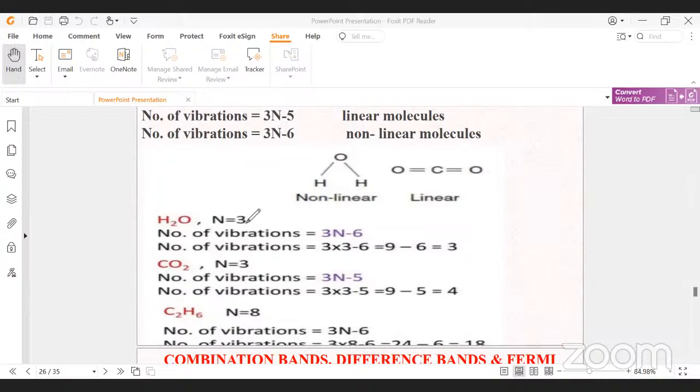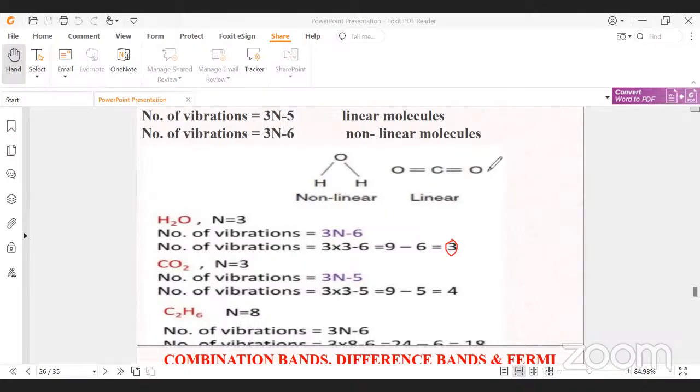The total number of atoms is 3, where n is equal to 3. H2O is a non-linear molecule, so the formula is 3n minus 6, where n is equal to 3. Substituting the n value, we get 3 into 3 minus 6, that is 9 minus 6. We have 3 fundamental vibrations for the H2O molecule.